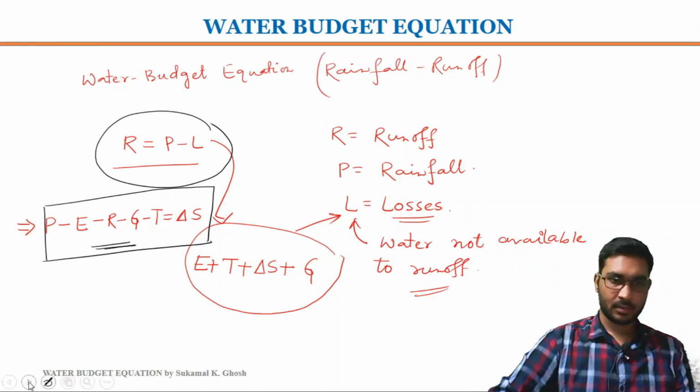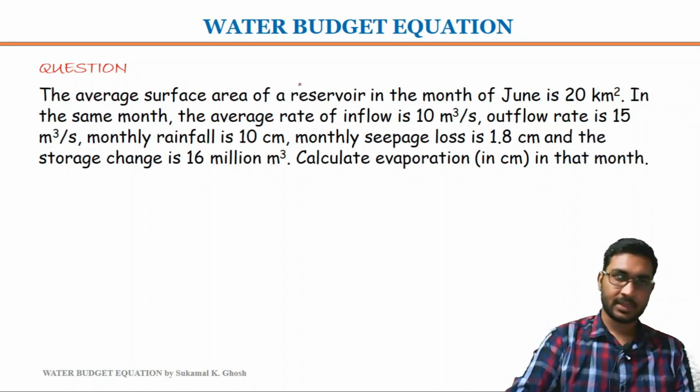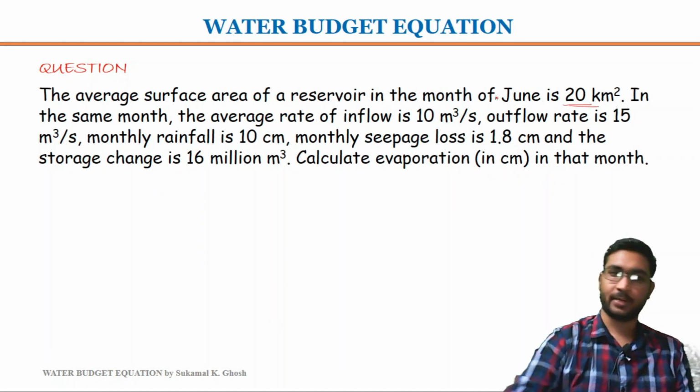Now we are going to solve a numerical on the water budget equation. The problem says the average surface area of a reservoir in the month of June is 20 km square.